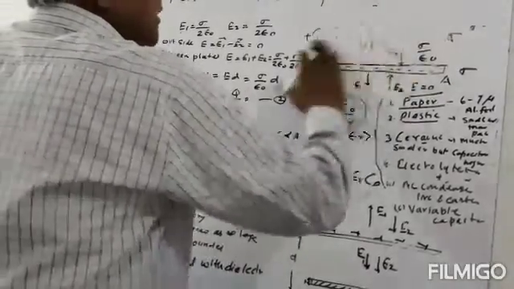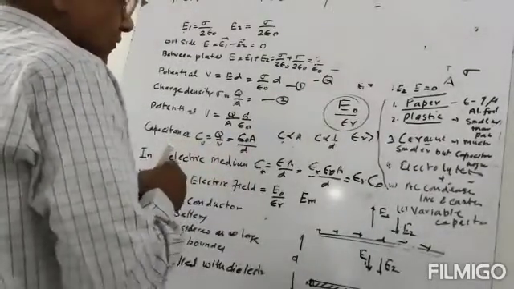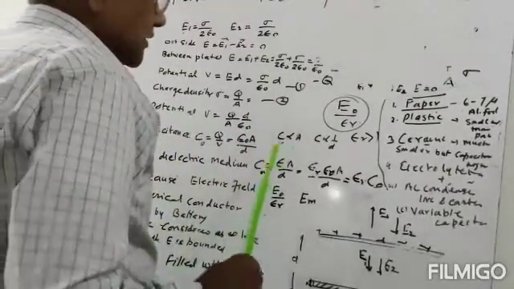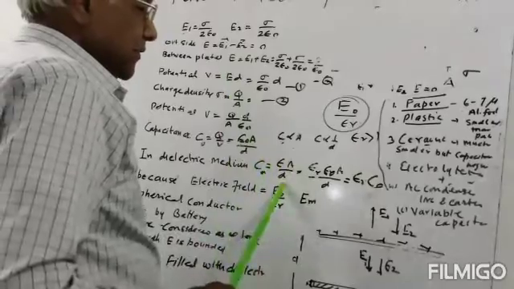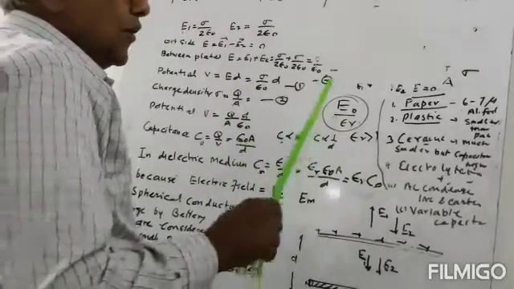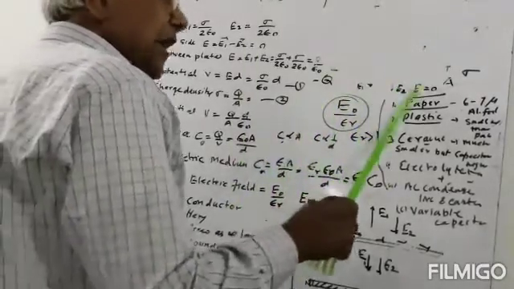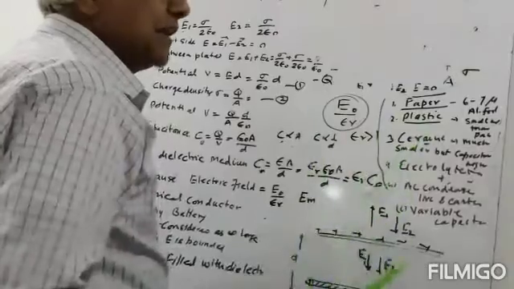Parallel plate capacitors depend upon these factors: the area of cross section, the distance between the plates, and the dielectric between them. For different dielectrics, the parallel plate capacitor will be different.